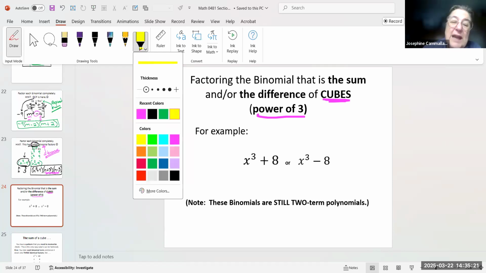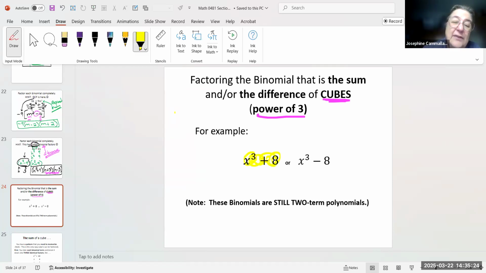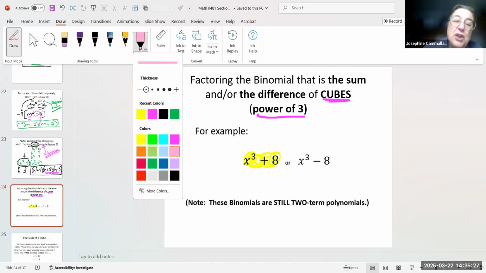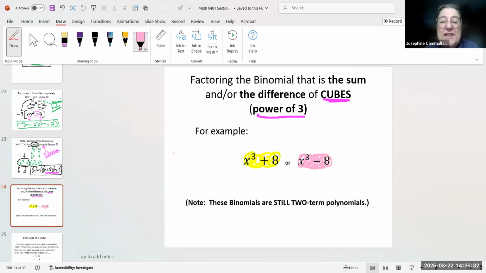You can have a cube look like this, or a cube looking like this. Both of these factor. They're still a 2-term polynomial, but the power, that's where you have to look. If it's 2, everything we've done so far applies. But now you're going to get 3s. I'm going to tell you that there's only one way to do this because it sets up a pattern that you have to memorize.